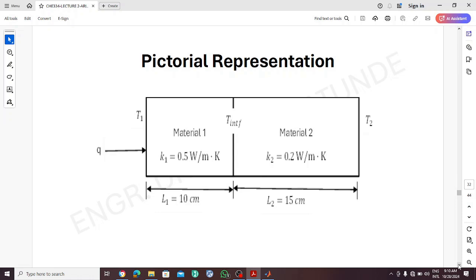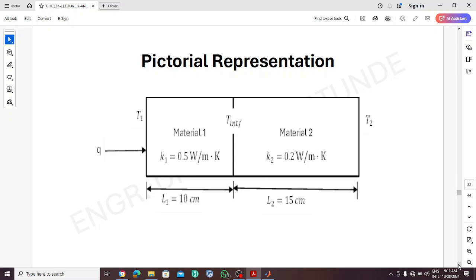Then the temperature at the outer surface of the first material, I have labeled that one T1, which we are given to be 100 degrees Celsius, right? And the temperature at the outer surface of the second one is T2. I think we are given that to be 25 degrees Celsius.